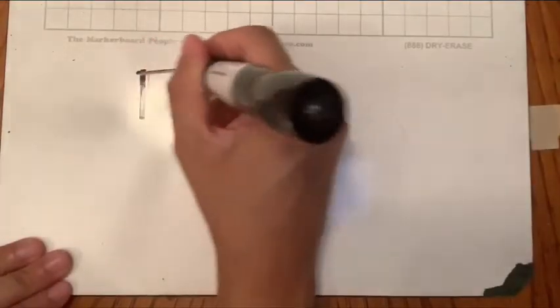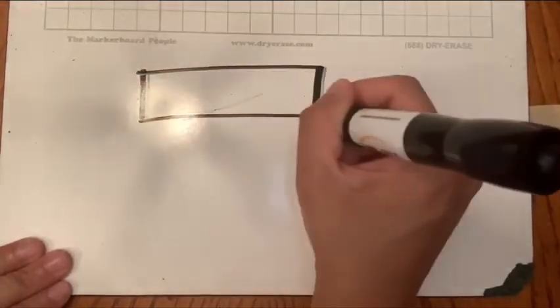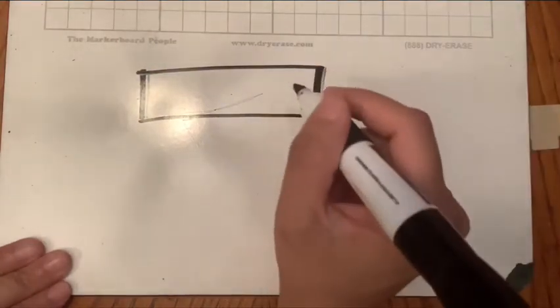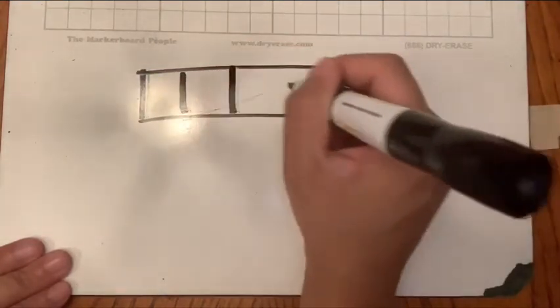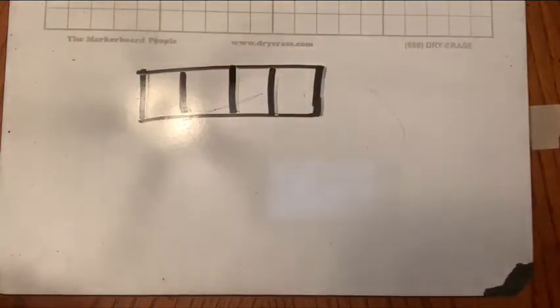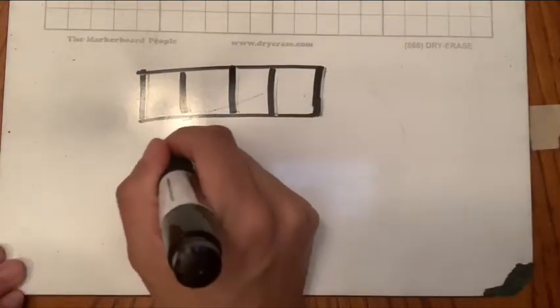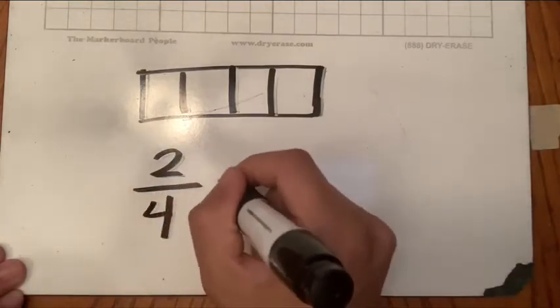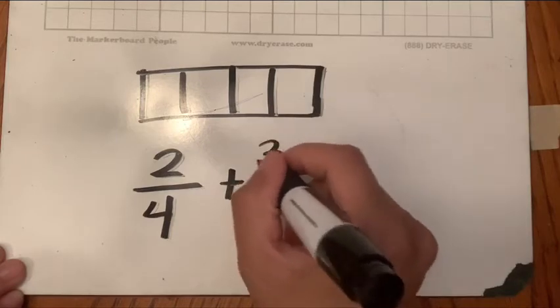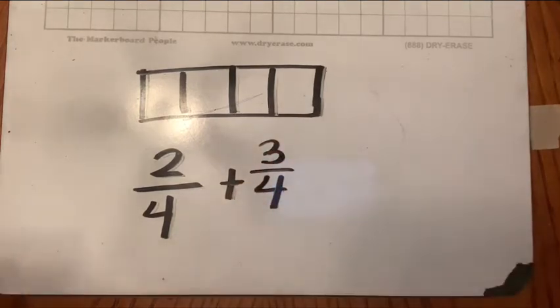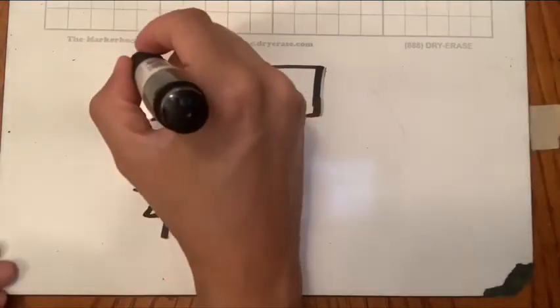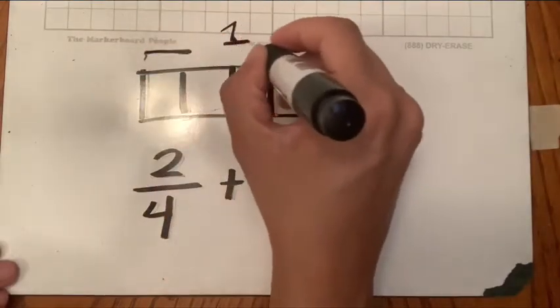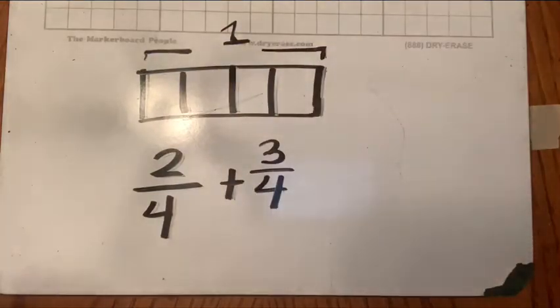Let's see if I do this. So I have fourths, and let's pretend I tell you I want to add 2/4 plus 3/4. Okay, got it. First thing I know is that this is my whole, right? This is my whole.